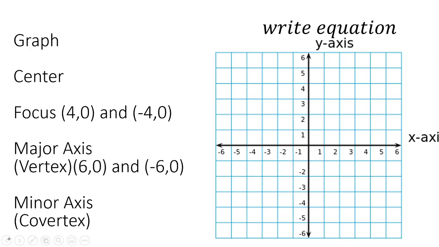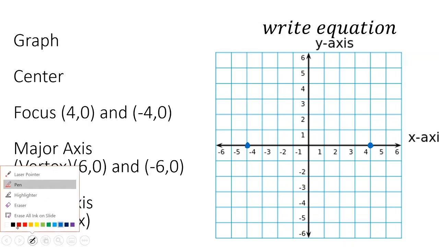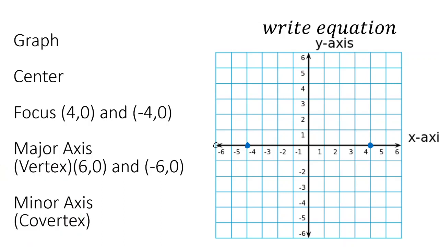So, here, let's start with what we know. We know that the foci are at -4 and +4. And we know the major axis points are at -6 and +6.